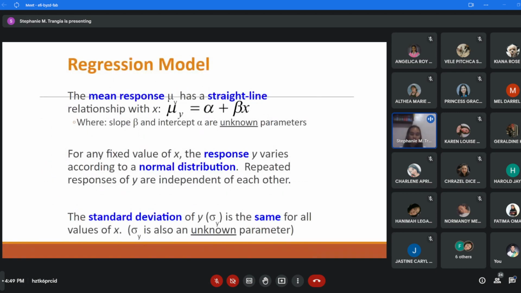Basically, the mean response mu sub y has a straight line relationship with x. So that's mu sub y equal to alpha plus beta x. Kaning regression model, class, is basically mura na ni siya og ang concept ani niya is katong linear equation sa inyong algebra.